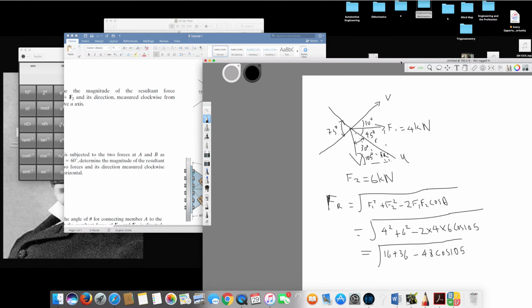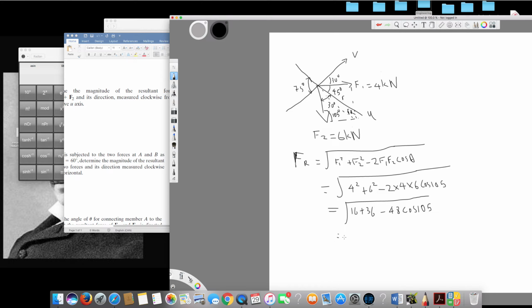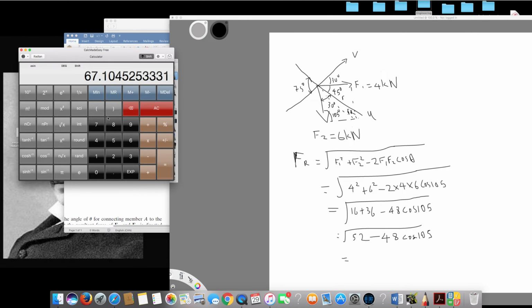So cos 105, this is what we have to find, right? So root of 36 plus 16 is equal to 52 minus 48 cosine 105. Let's find cosine 105 using our calculator. Let's find the cosine first.